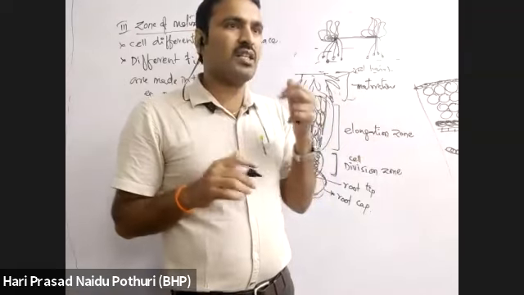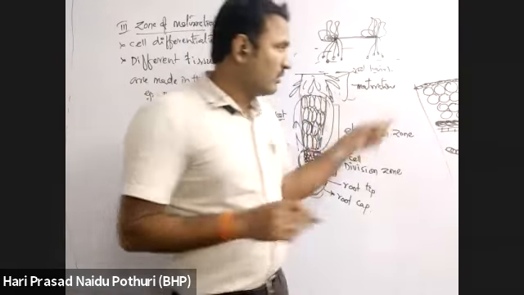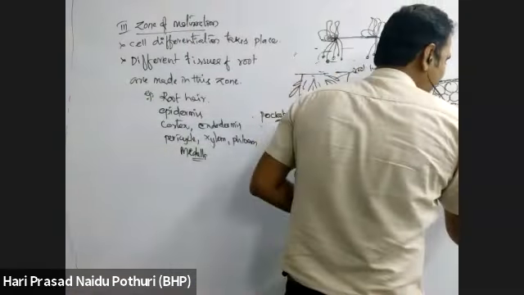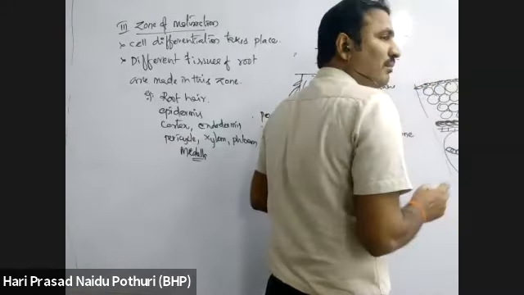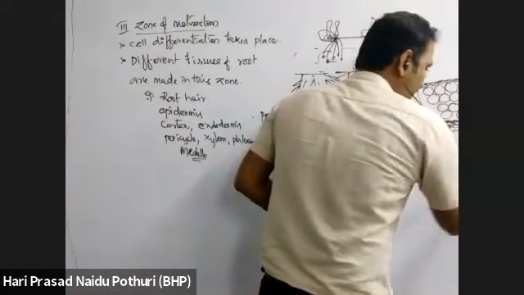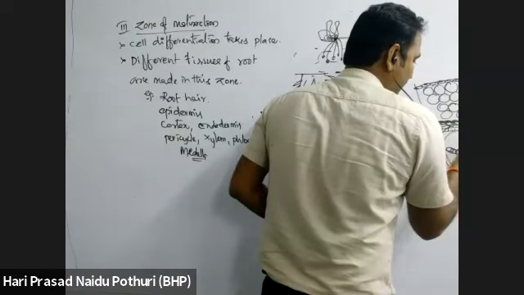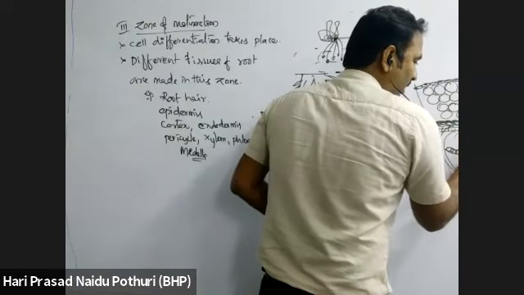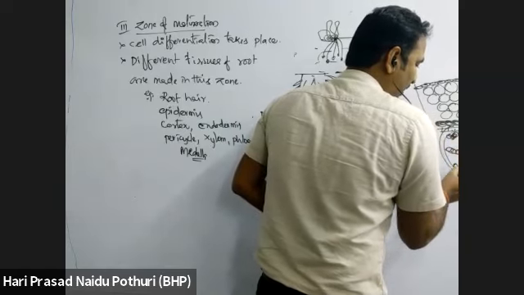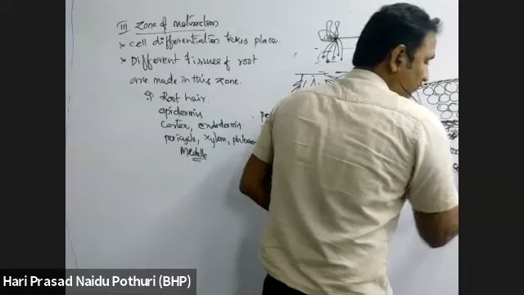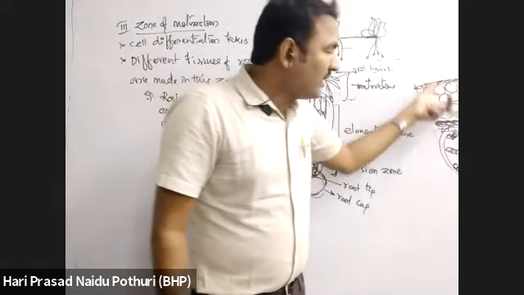Just the structure of roots. So these diagrams are there, where xylem, phloem, medulla, different parts of the vascular bundle will be there. Here this is the vascular bundle, which has xylem, and phloem will be present in the middle of the xylem, and medulla is there. So different tissues are there.